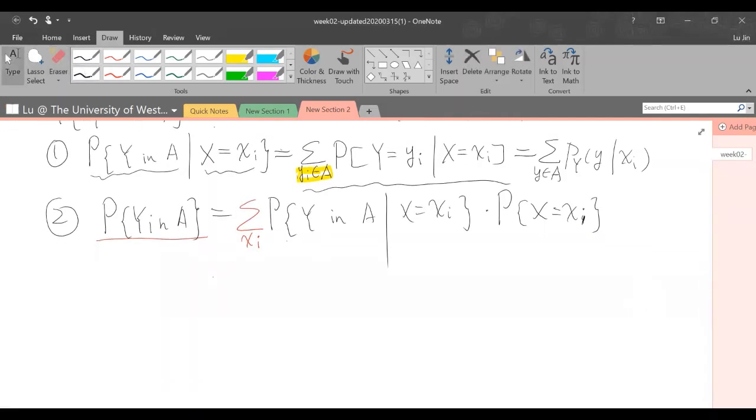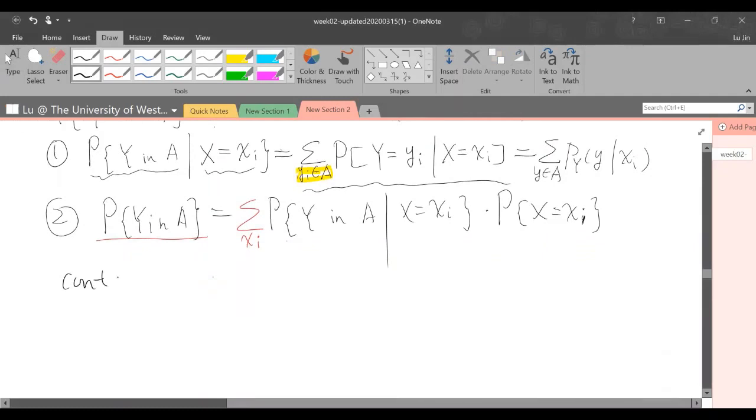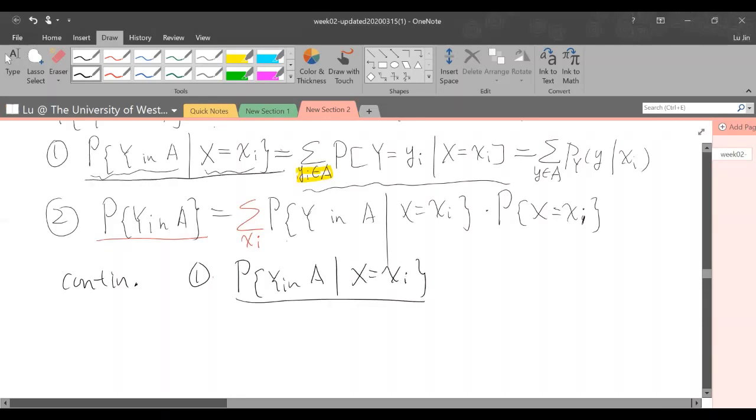If you have the continuous case, step one will be changed. Of course, the target is still to determine y in A, and then x equal to xi. So this part remains the same as this part.